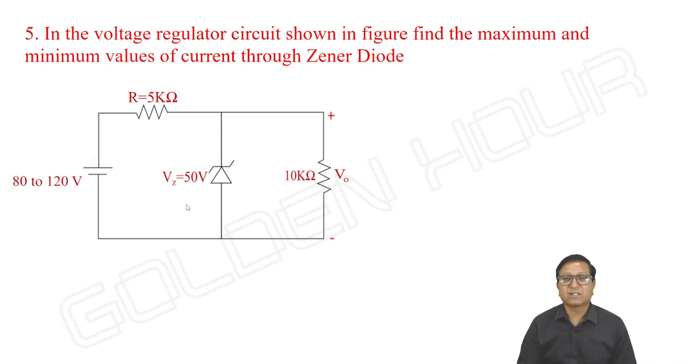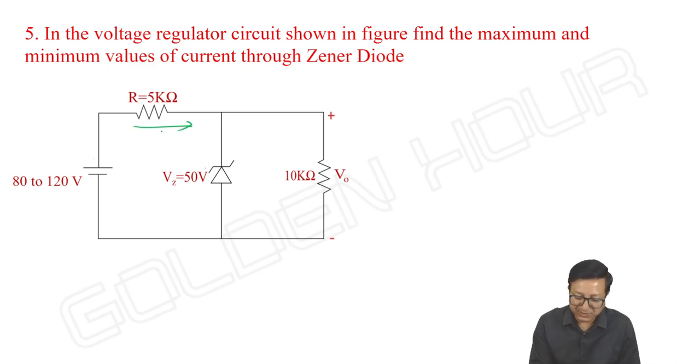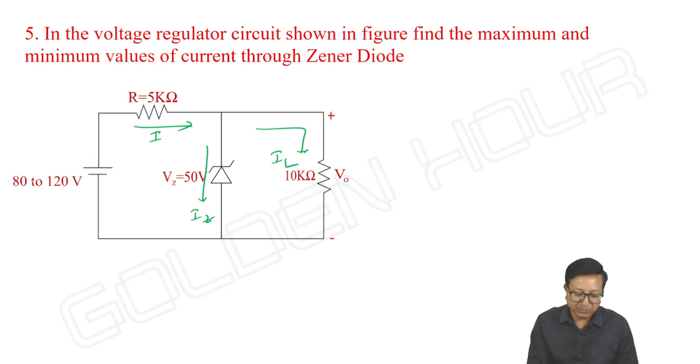In the voltage regulator circuit shown in figure, find the maximum and minimum values of current through the Zener diode. Okay. Here we know, right? I can write I here and this is IZ and IL. If input is minimum, then current through the Zener diode is minimum. If input is maximum, current through the Zener diode is maximum.